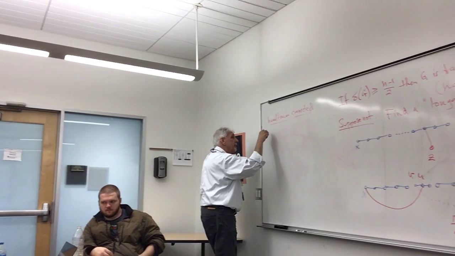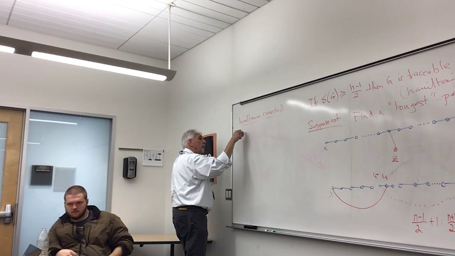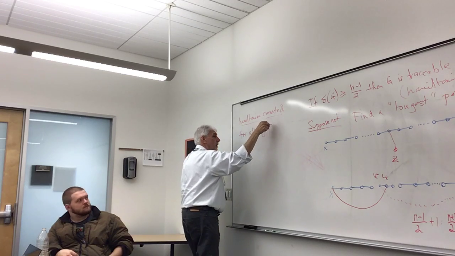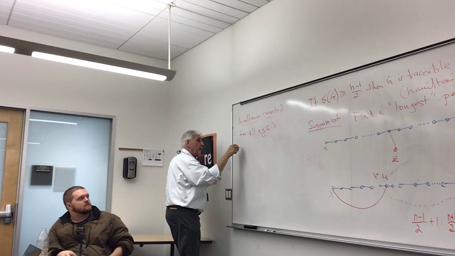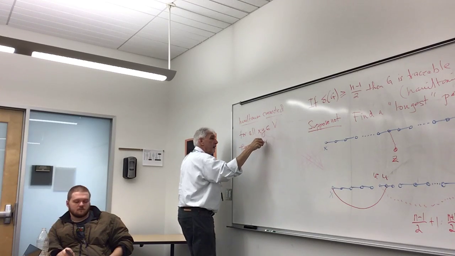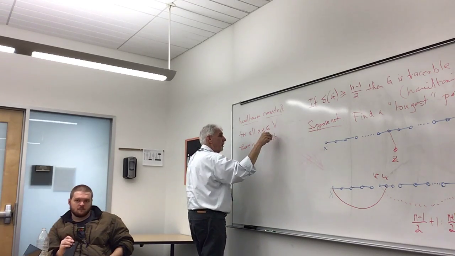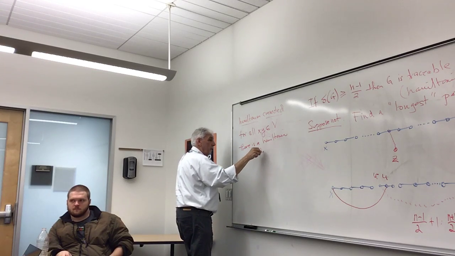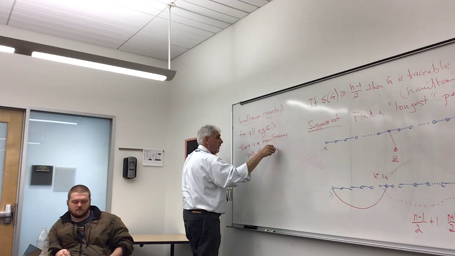Hamiltonian connected means that for all x and y vertices in the graph, there is a Hamiltonian path that "starts" and ends at x and y, respectively.